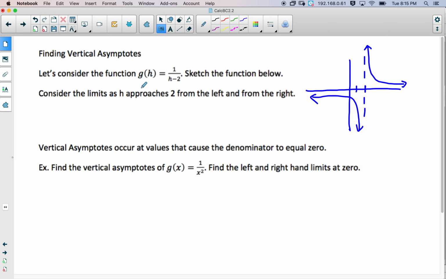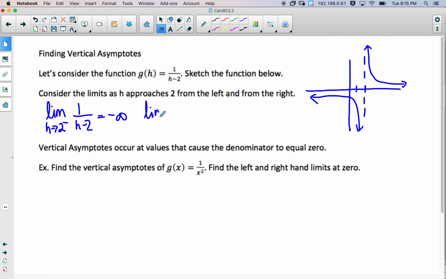So let's consider the limit as h approaches 2 from the left. If I'm coming from that left-hand side, my limit is going to be negative infinity. So the notation is going to look like this. The limit, as h approaches 2 from the negative side, of 1 over h minus 2 is equal to negative infinity.